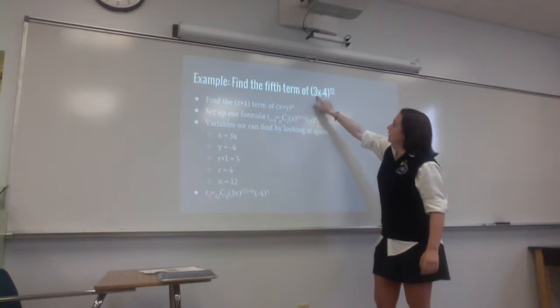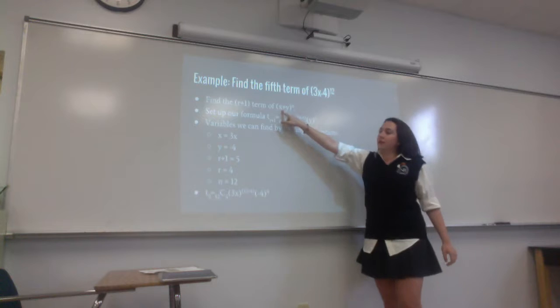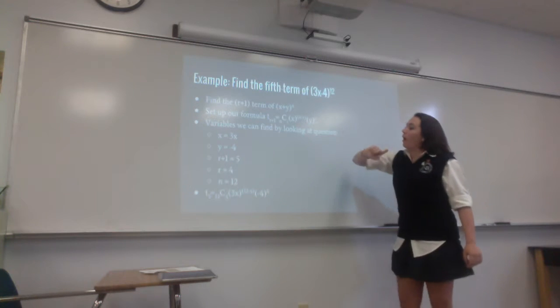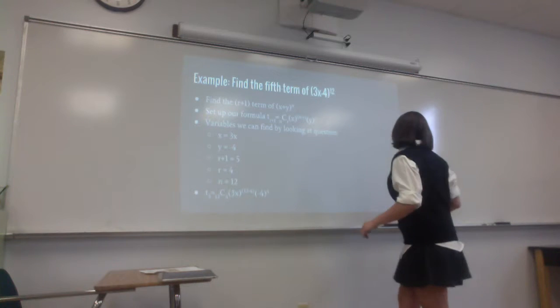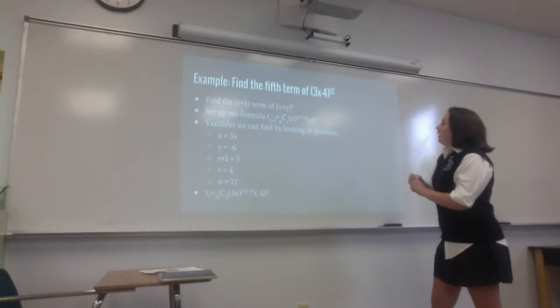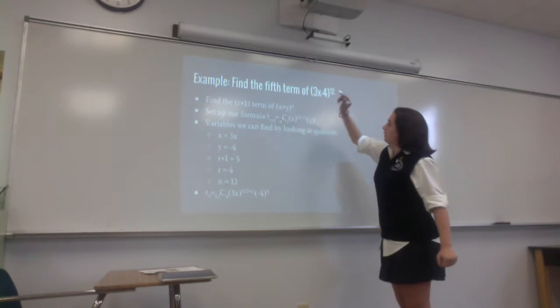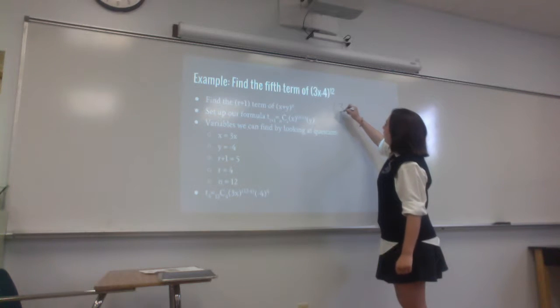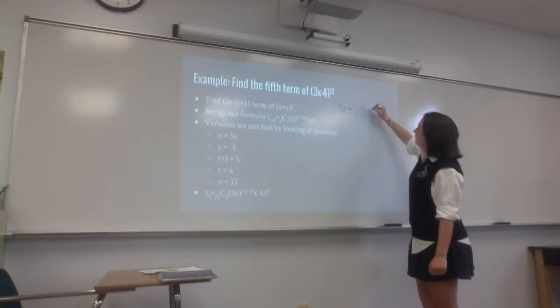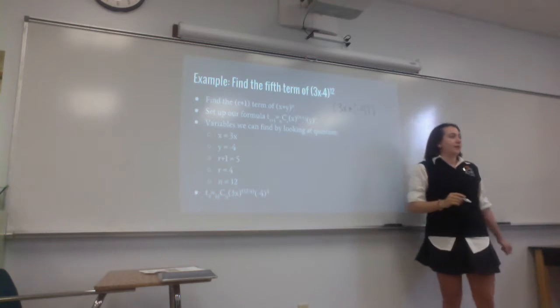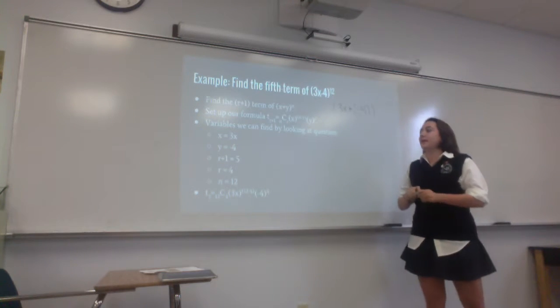Does everyone understand how it works? So x is 3x. y would be negative 4, because since we're referring to this, it would be 3x plus negative 4. Does everyone understand that? Okay, so y would be negative 4.